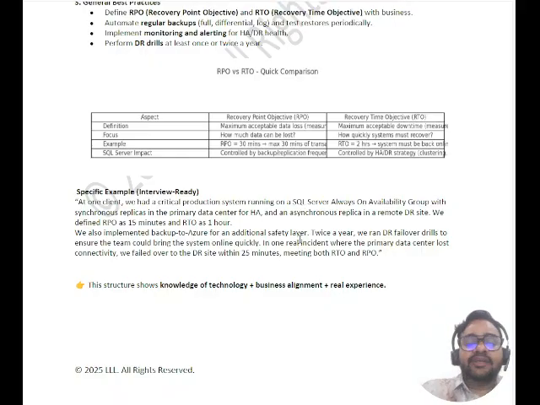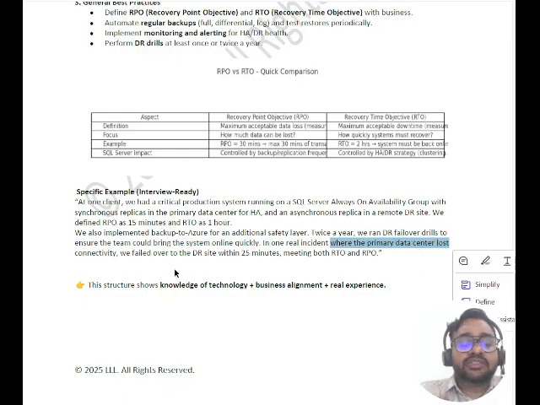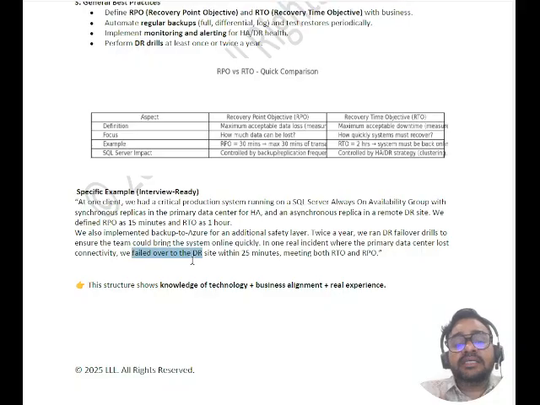Now you can also explain a scenario: in one real incident where the primary data center lost connectivity, we failed over to the DR site within 20 minutes because we had replicas available. Because RTO was 1 hour and we were able to restore within 25 minutes, we met both RTO and RPO.